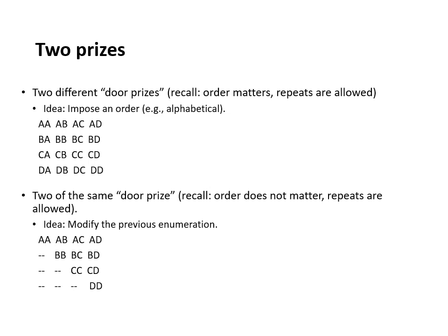Okay, so let's continue this explicit enumeration story and try to enumerate all possible outcomes when we have two different door prizes. So recall in this case, the order matters and repeats are allowed.